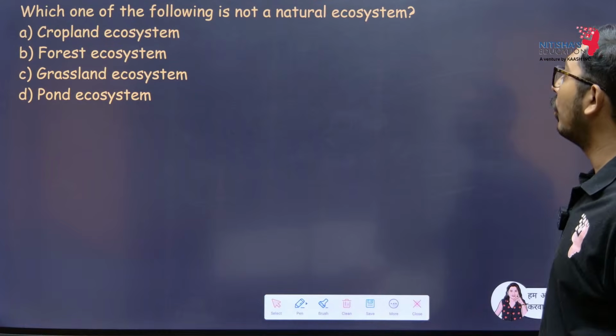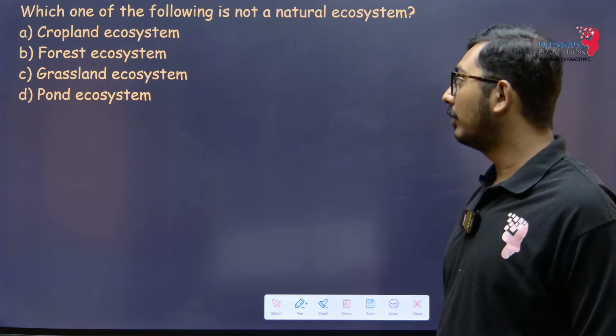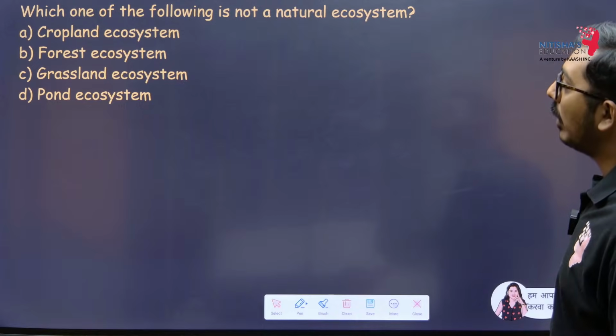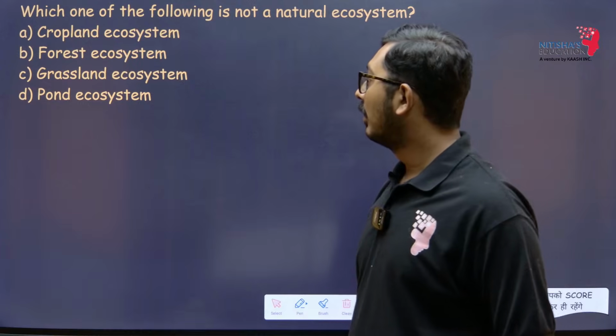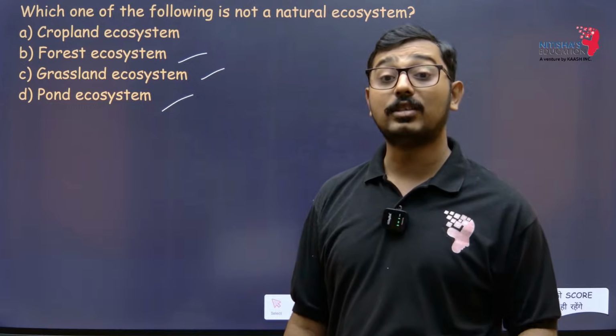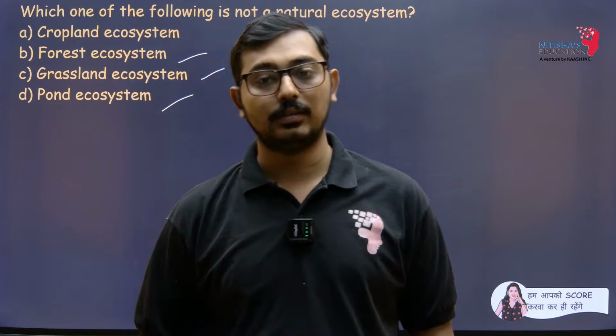Which one of the following is not a natural ecosystem? Croplands ecosystem, forest ecosystem, grassland ecosystem, or pond ecosystem? Grassland, forest, and pond, all three are natural resources. We are not making those things.